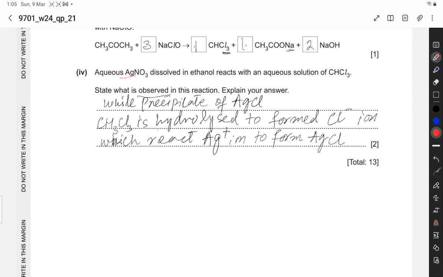Because AgNO3 is aqueous, Ag positive plus Cl negative forms AgCl precipitate. So this is the reaction.